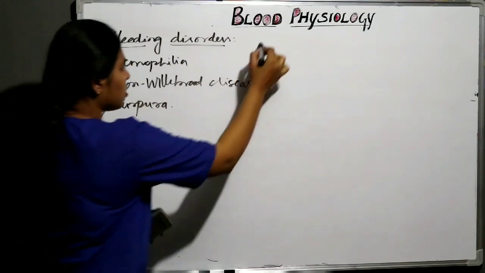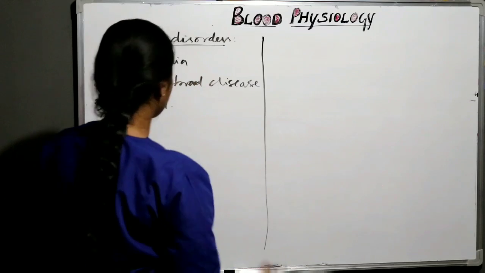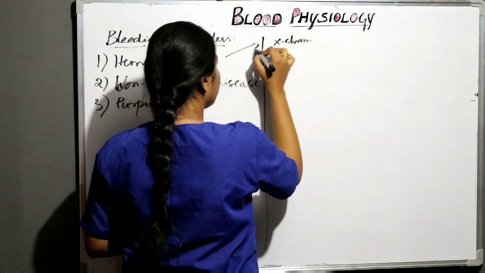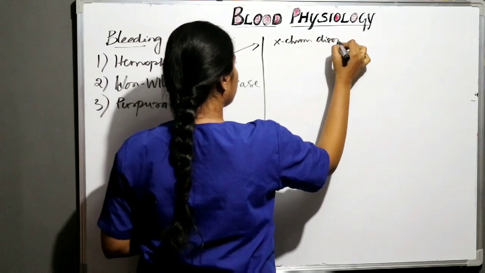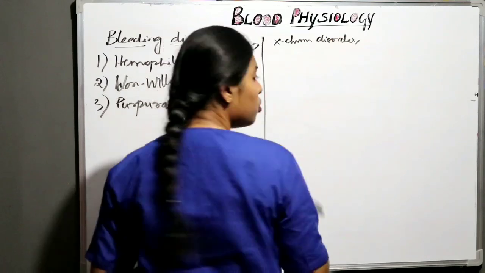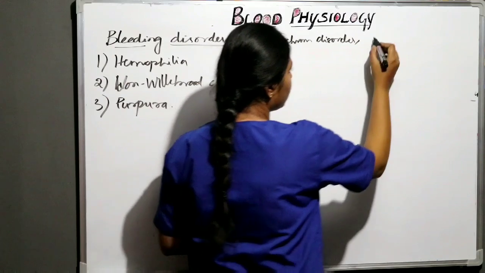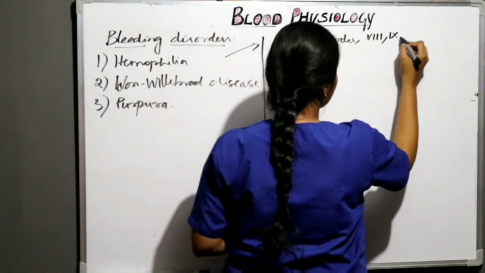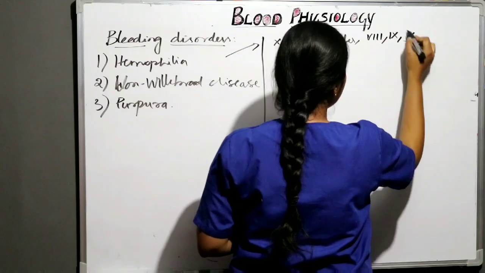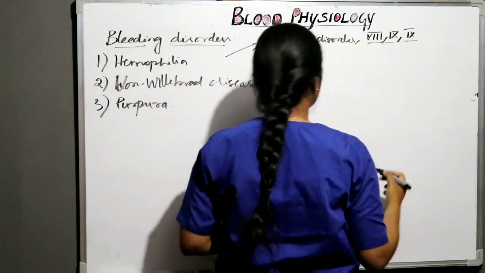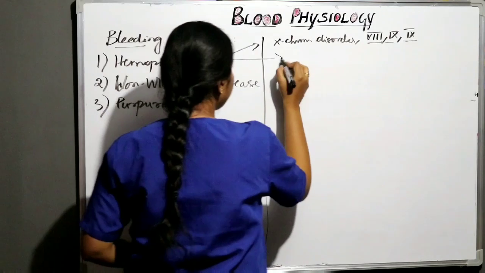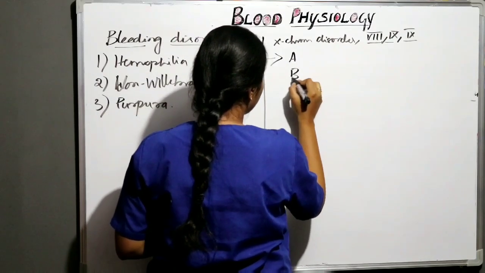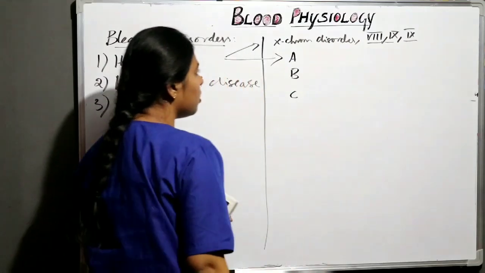So first we will discuss about the hemophilia. It is an X chromosome disorder. It occurs due to the absence of factors 8, 9 and 11. So there are three types of hemophilia. Hemophilia A, hemophilia B and hemophilia C.